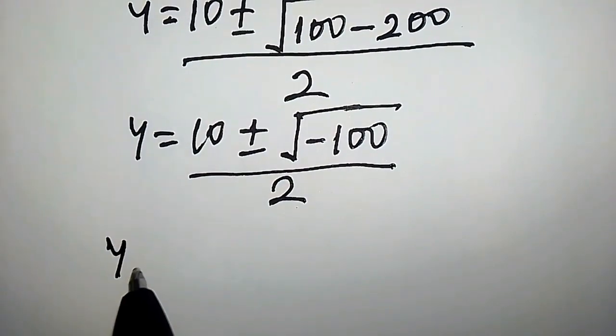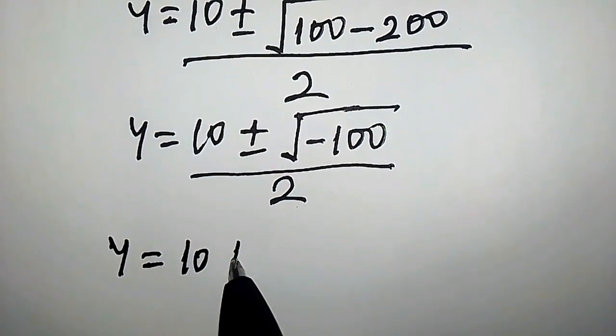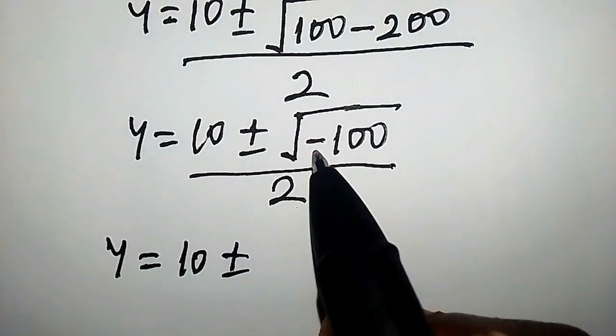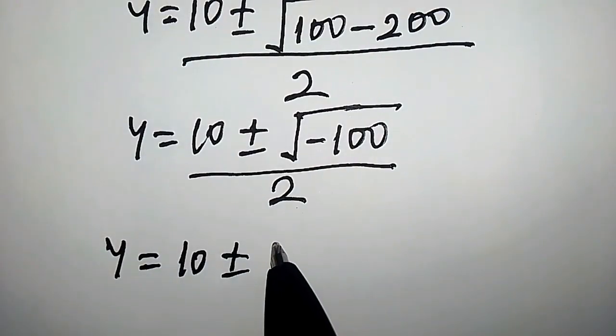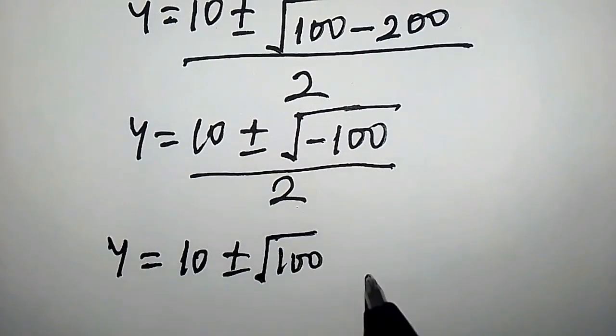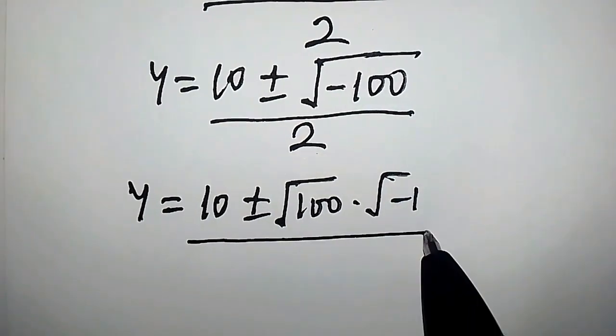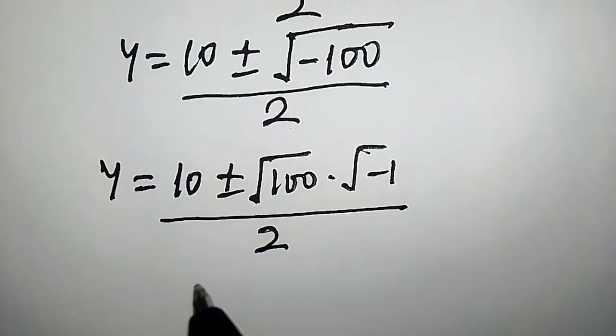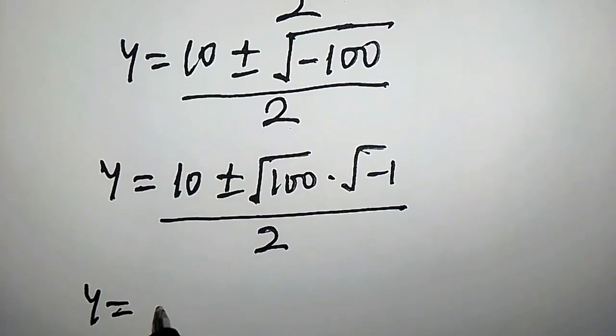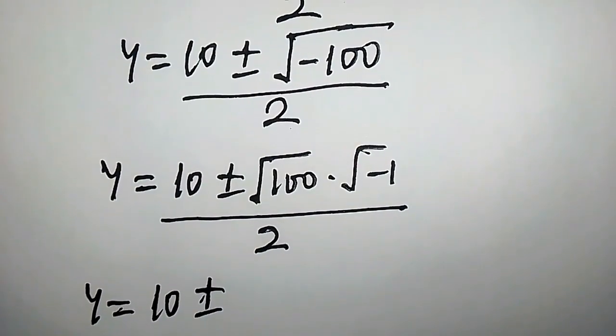So y is equal to 10 plus or minus the square root of minus 100, which could be written as the square root of 100 times the square root of negative 1, divided by 2. So we have y equal to 10 plus or minus the square root of 100, which is simply 10.